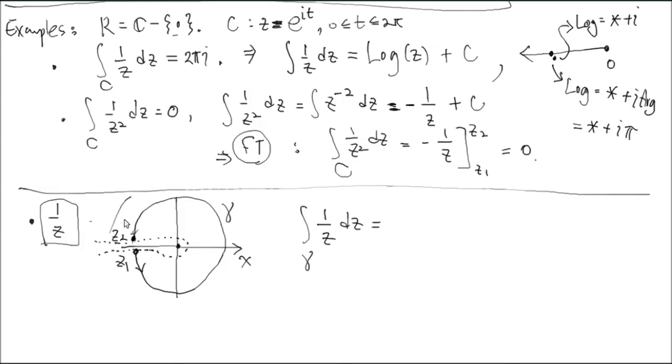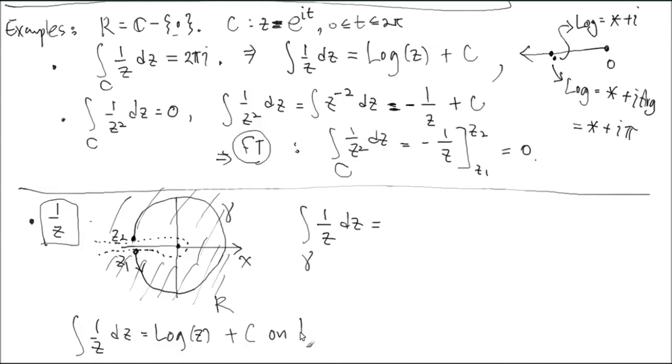I'm going to call that region R. Then the antiderivative of 1 over z is log z, which works on where? The entire R that is missing that part. Is that correct? We have R and everything is analytic.